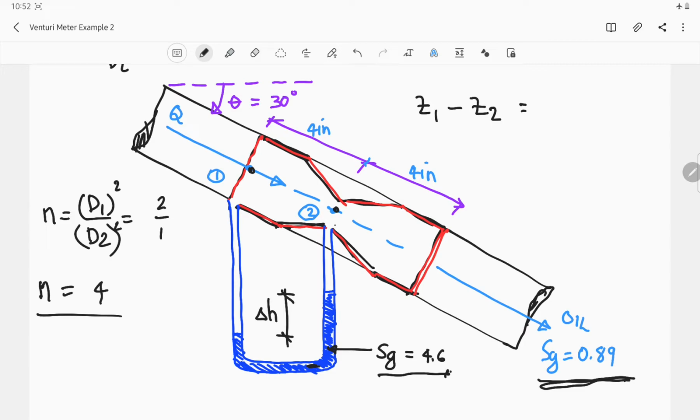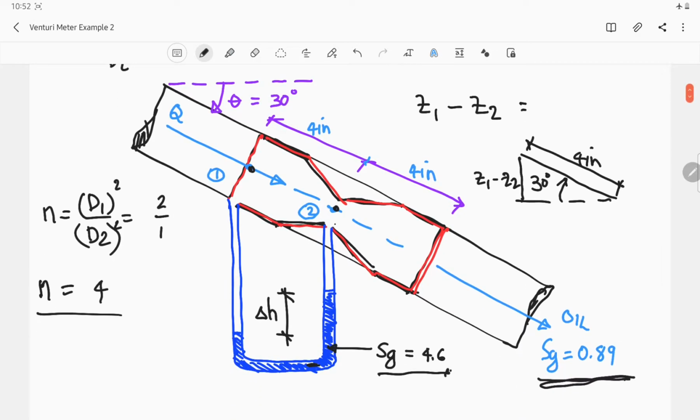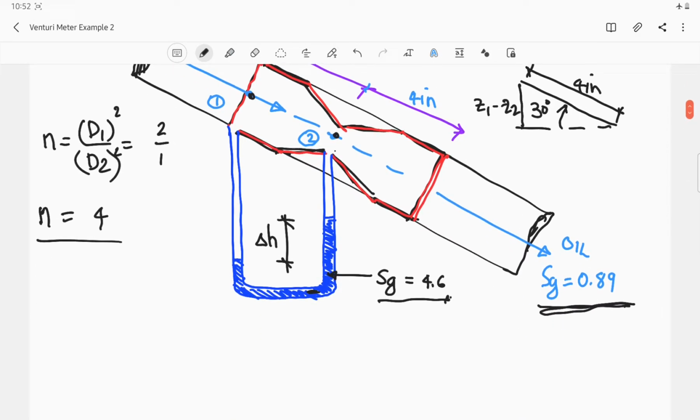Since this has an angle of 30 degrees, and the hypotenuse has a length of 4 inches, z1 minus z2 is 4 inches times sine of 30 degrees.